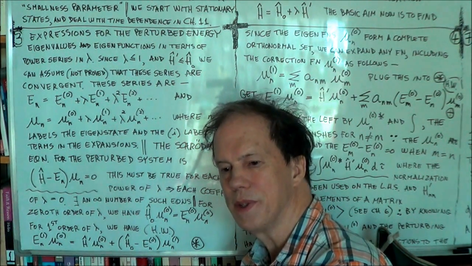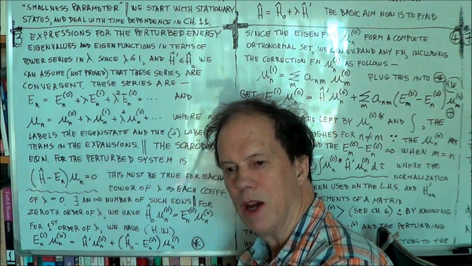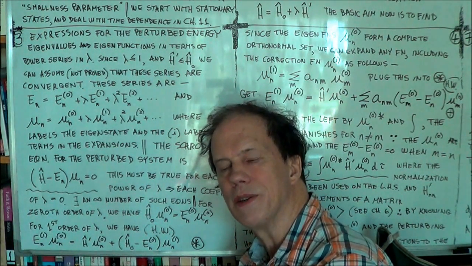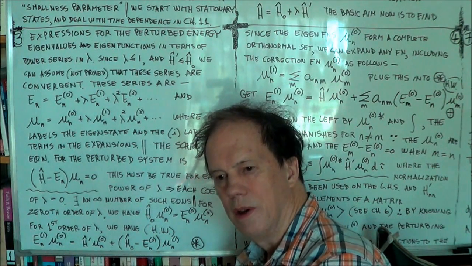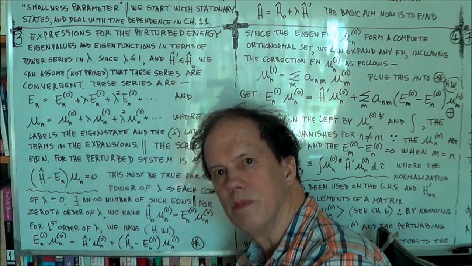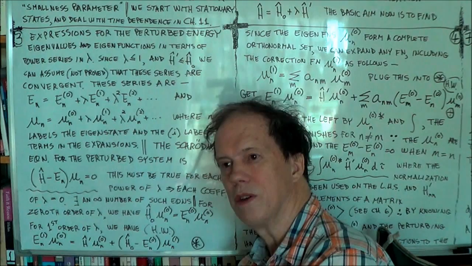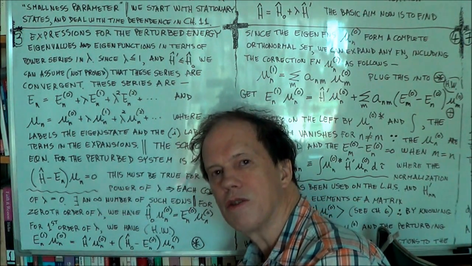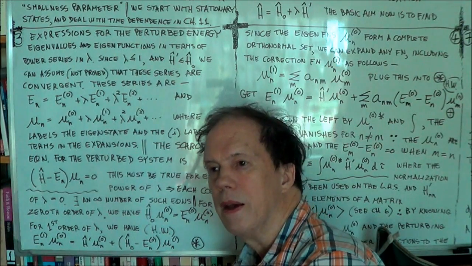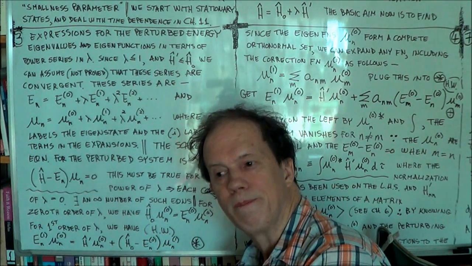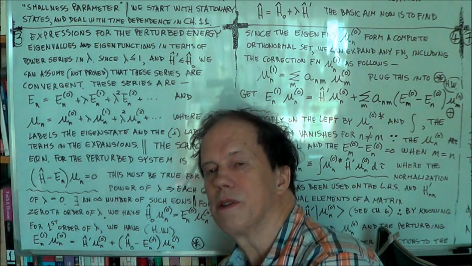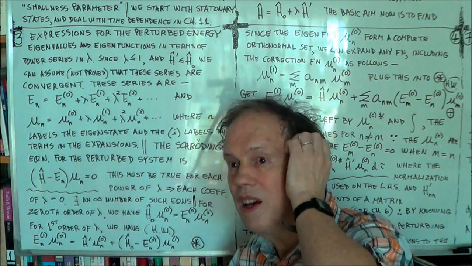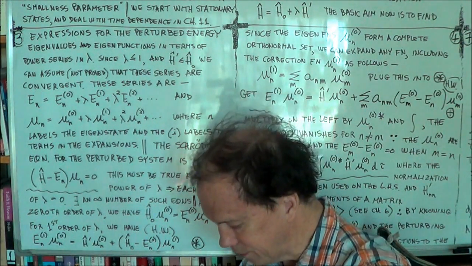It just involves writing down power expansions of the eigenfunctions, the perturbed eigenfunctions, the eigenfunctions that result from adding an extra term to the Hamiltonian, and similarly with the eigenenergies, the eigenvalues, because we're talking about energy, right? The Hamiltonian is the energy operator.